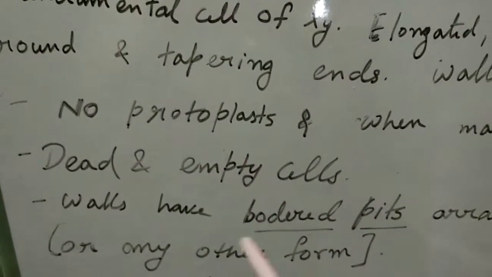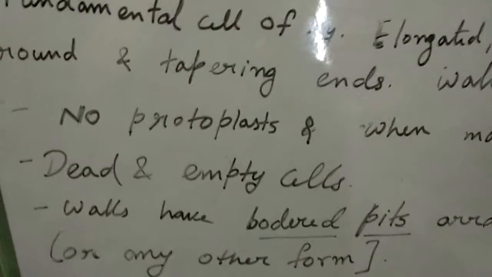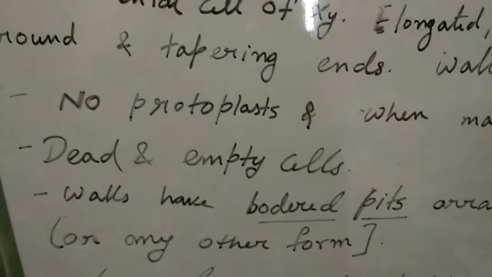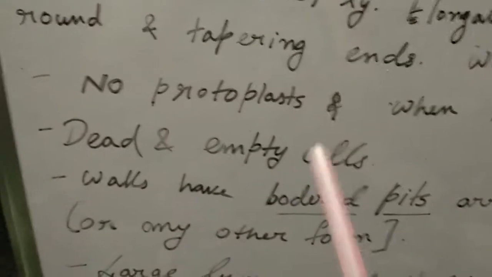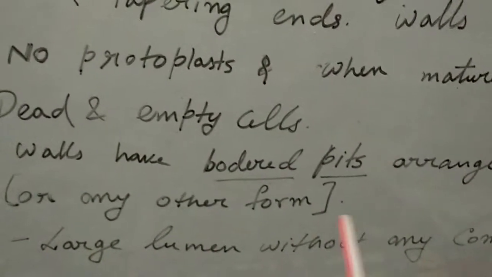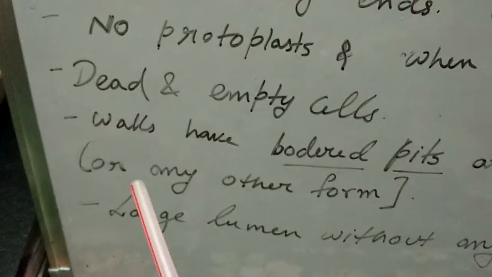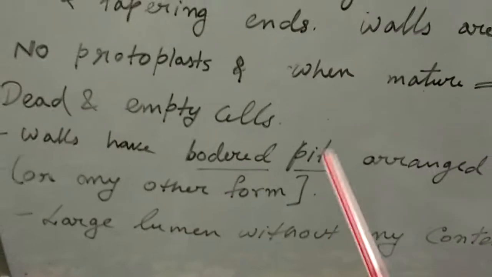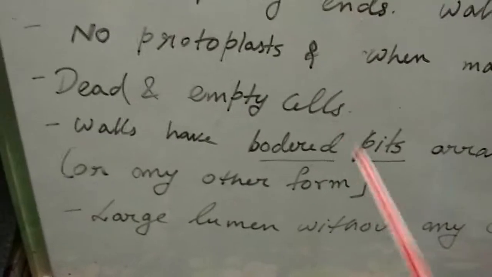Why empty cells? Because inside the cells there is no protoplasmic content, no cytoplasm, no living content inside the cells. So dead and empty cells. Walls have bordered pits, which have a thick outline, arranged in a row or may form some other configuration, but basically they are arranged in a row.